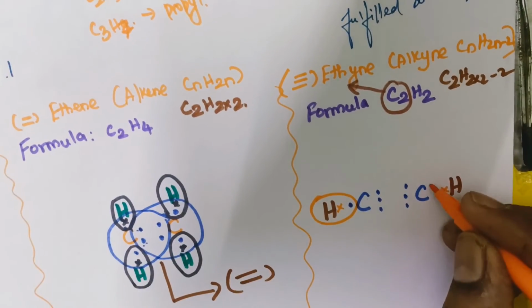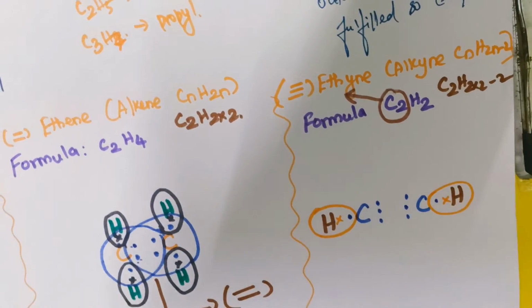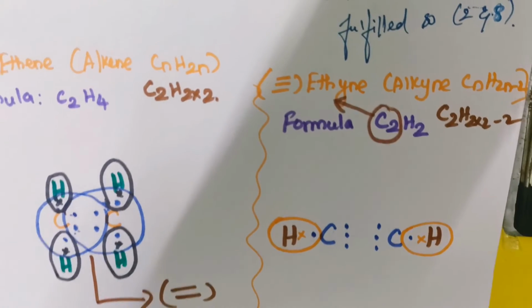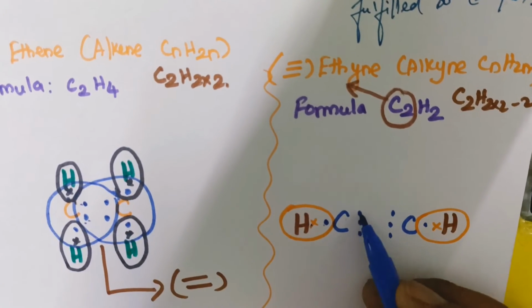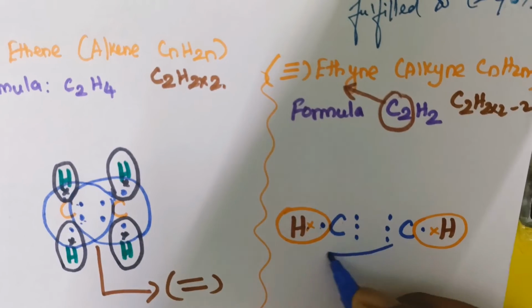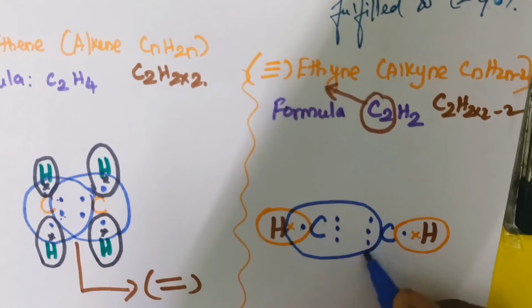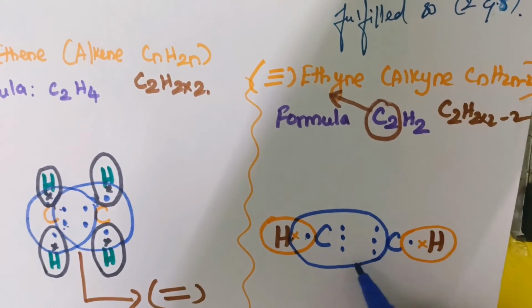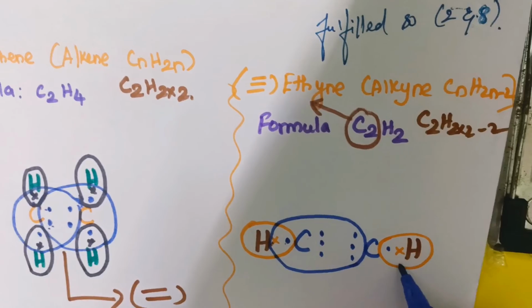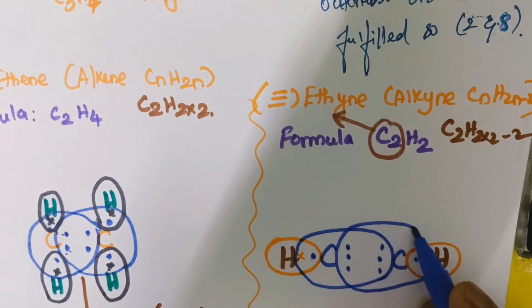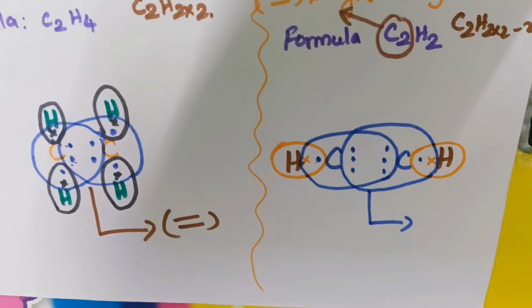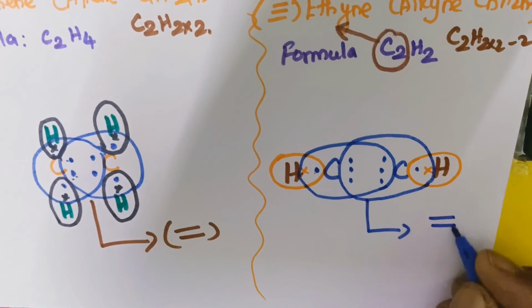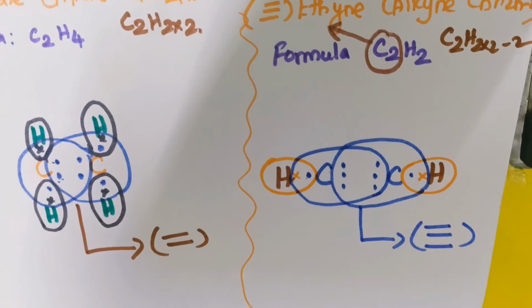Next, this carbon will be fulfilled: 1, 2, 3, 4, 5, 6, 7, 8, by getting 3 electrons from the other carbon. So totally 8 electrons. How many electrons are shared here? 3 electrons are shared, so a triple bond will be formed.